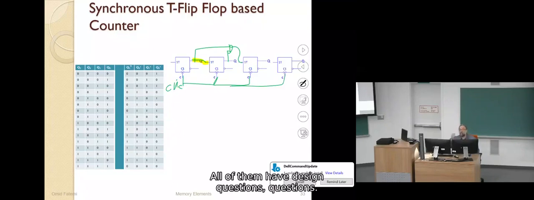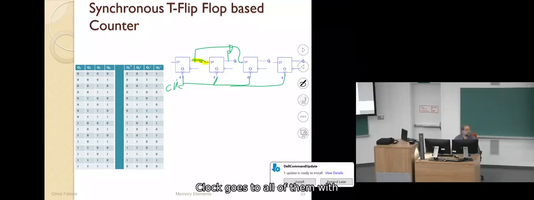So all of them have the same clock. Do you have questions? So clock goes to all of them. With the falling edge of the clock, the change appears at the output, and it is good. We have a synchronous counter that we built.